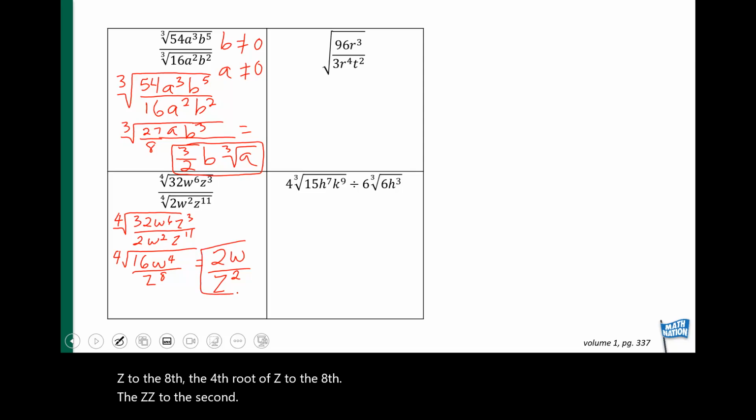This would be your final response. Now, your restrictions on this: w is greater than 0, and z is greater than 0.